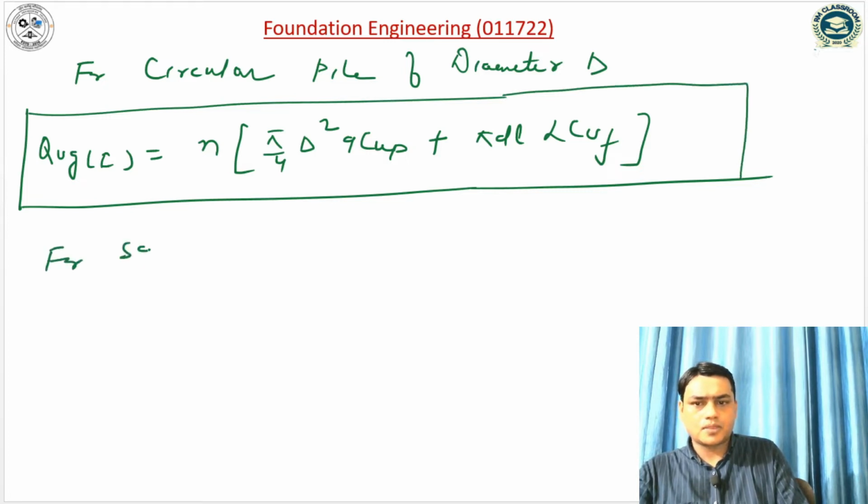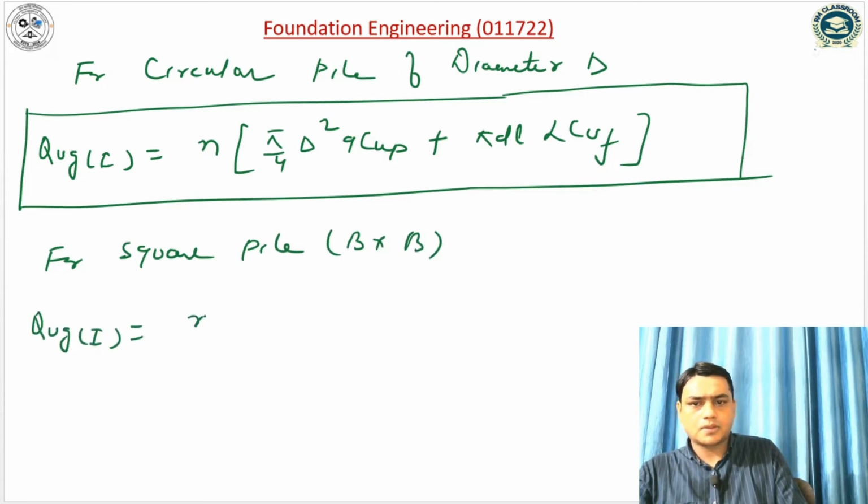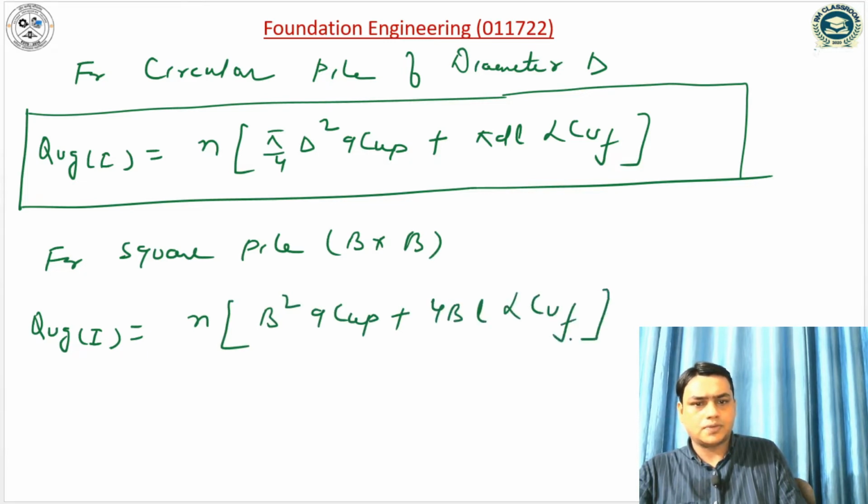For a square pile of size B by B, it is n into (B square into 9 Cu(p) plus 4 B L into alpha Cu).